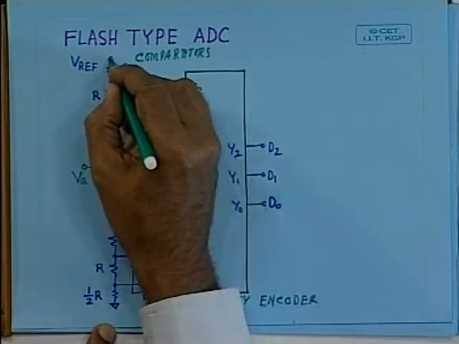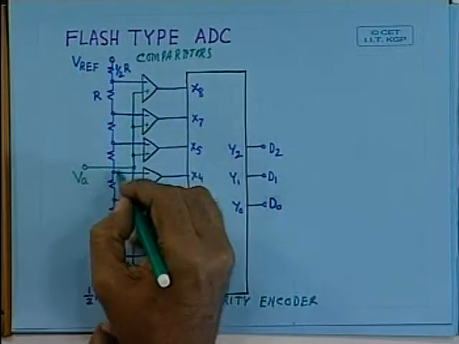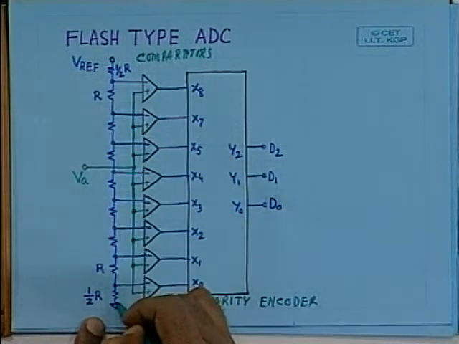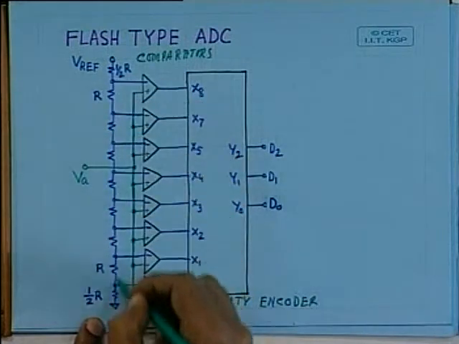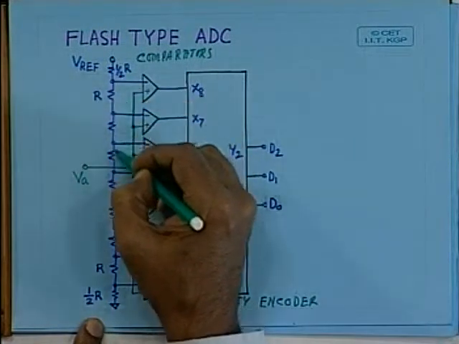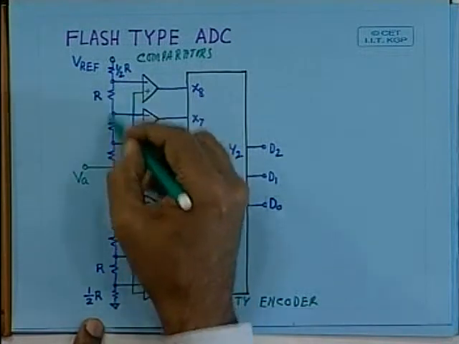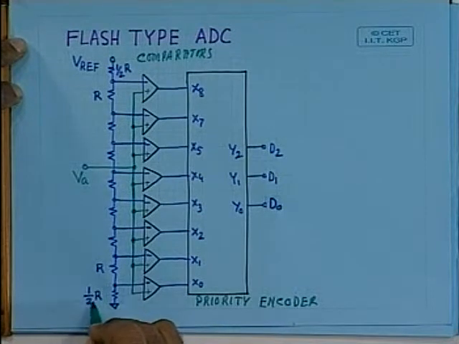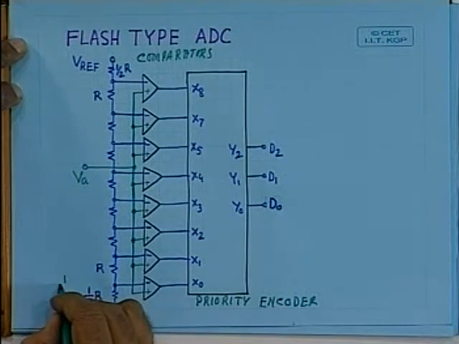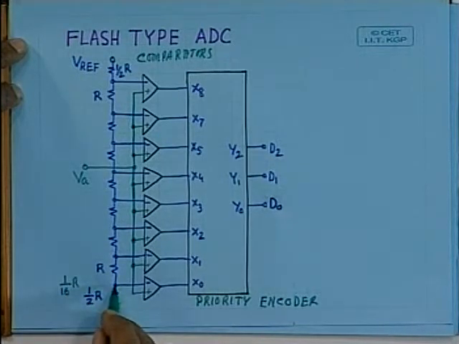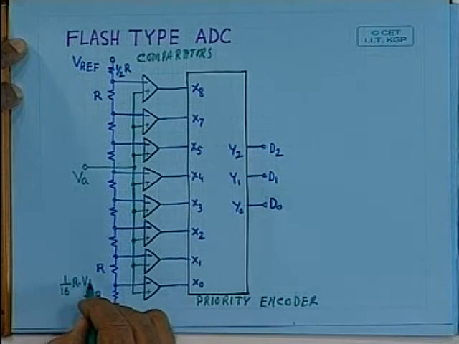Here there is a reference voltage Vref, which is applied to a chain of resistors, which is acting as a voltage divider. So if you count the total number of resistors value, it is 8R. So what will be the voltage here? Here the voltage will be 1 by 16, because this is the half R into Vref.